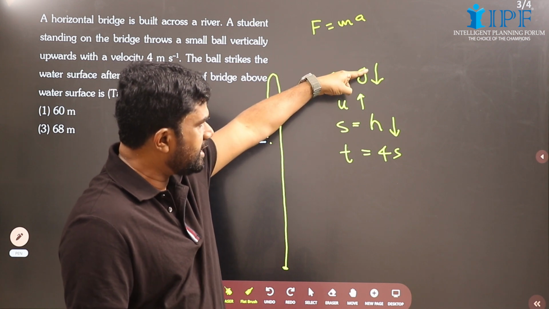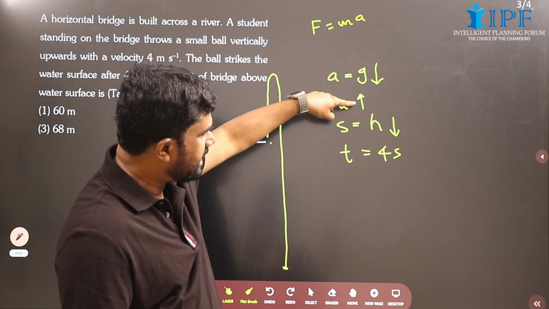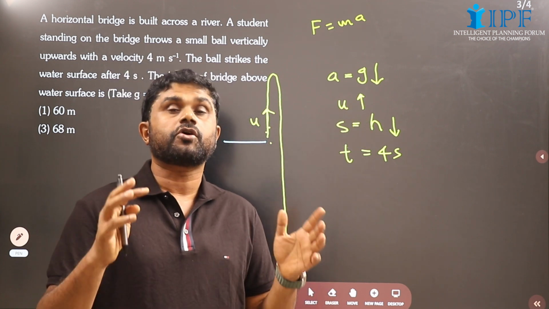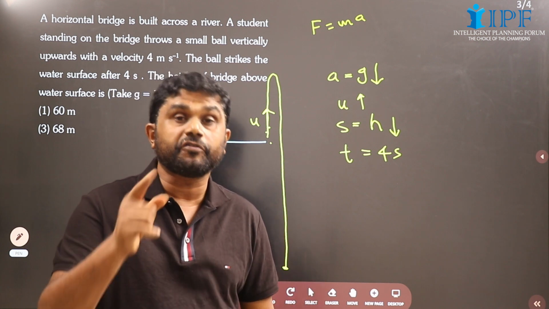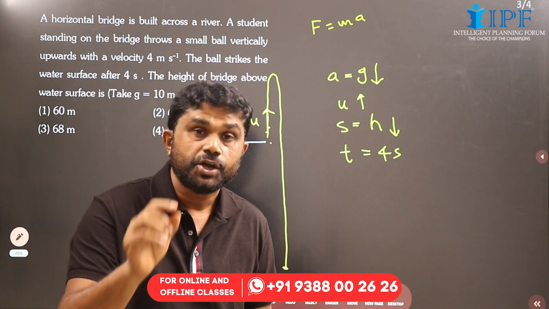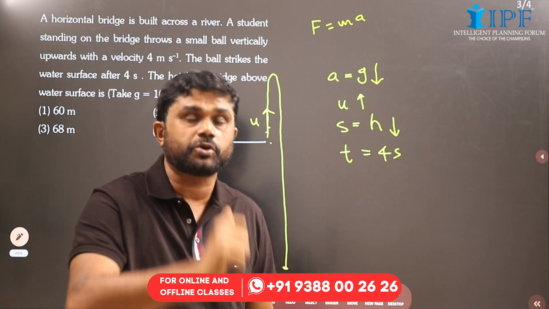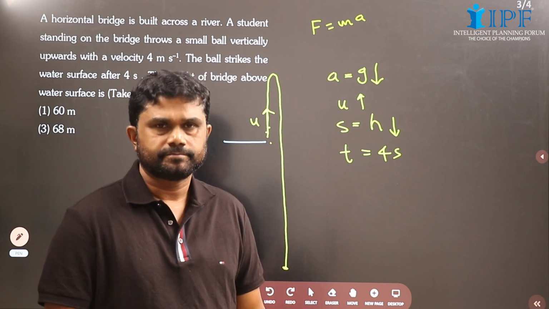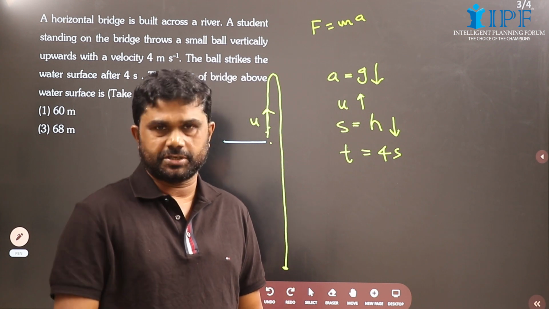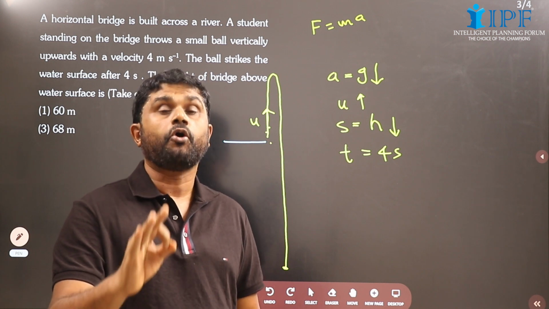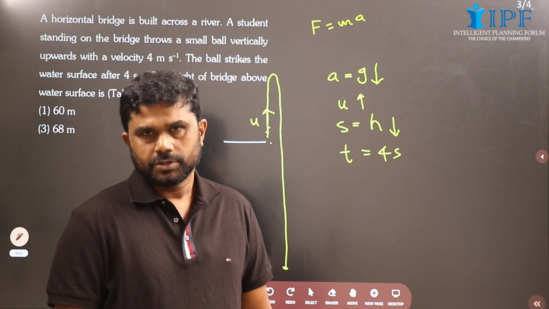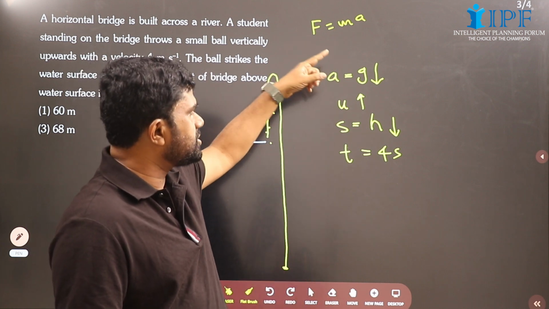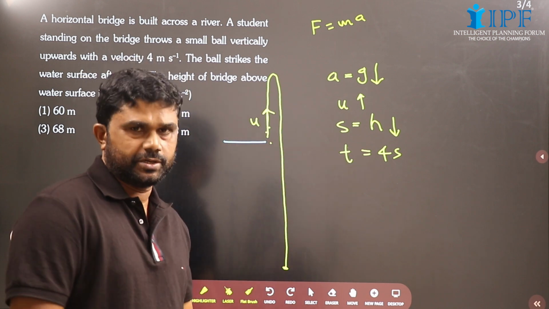Now see, this quantity is directed vertically down, this is vertically up, this is vertically down. There are quantities directed vertically up and also quantities directed vertically down. Of these, one of the directions you have to choose positive. Any direction, that is absolutely your choice. Only thing is that the opposite should be negative. There are three quantities: acceleration, initial velocity and displacement.